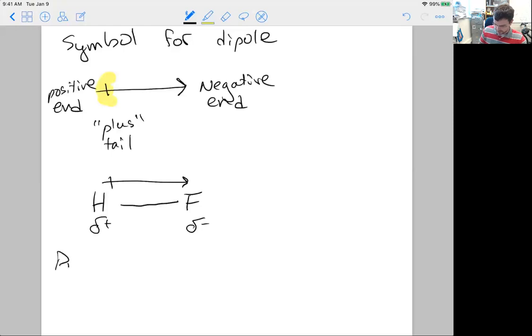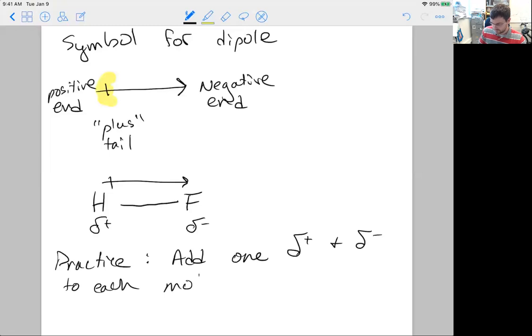Okay, let's practice this. Add one delta plus and delta minus to each molecule and draw a dipole arrow.